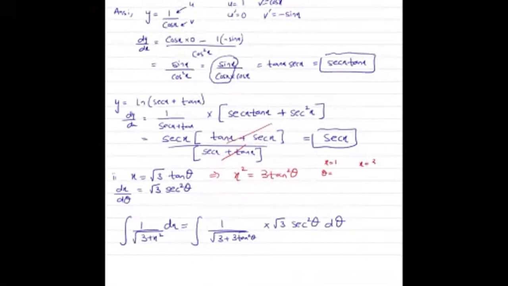Use your calculator and use this equation, x equals root 3 tan theta. Make sure your calculator is in radian mode. I'm getting pi upon 6 for this.